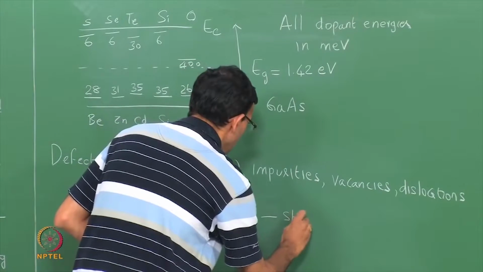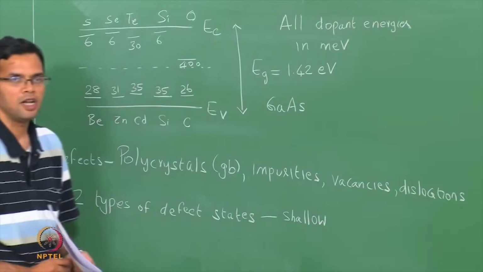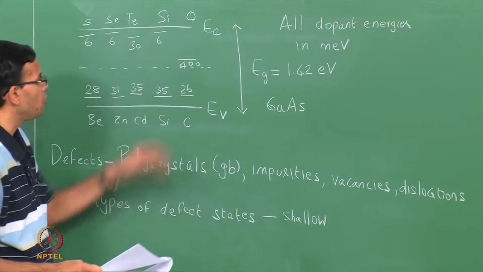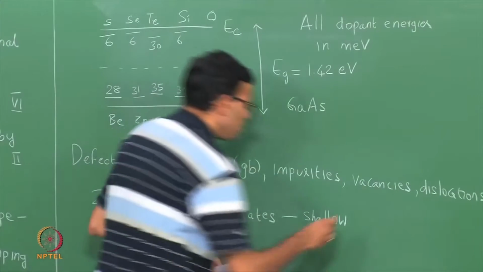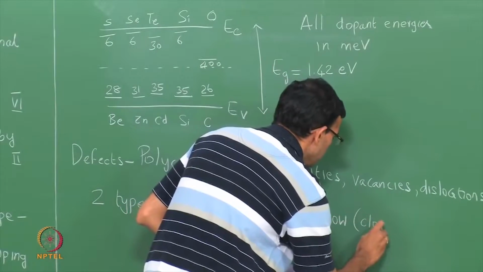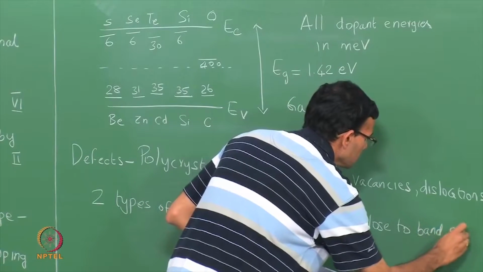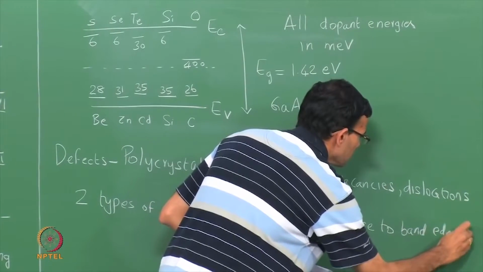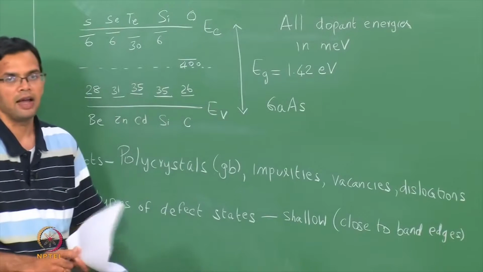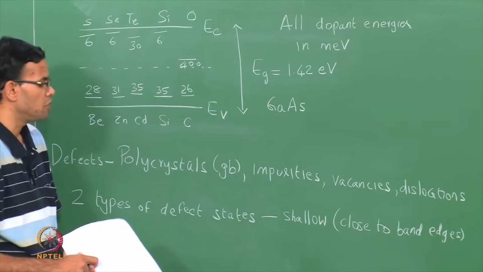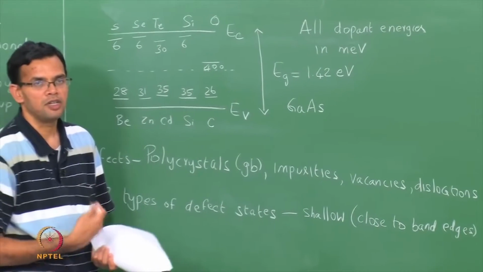One is shallow. Shallow states are those that are located either close to the conduction band or close to the valence band. So, they are close to the band edges. Because they are close to the band edges, they can easily get ionized at room temperature. So, shallow states mostly affect the conductivity, and can either increase or decrease it.